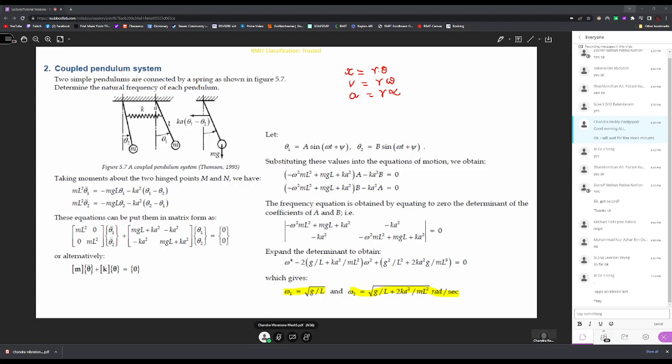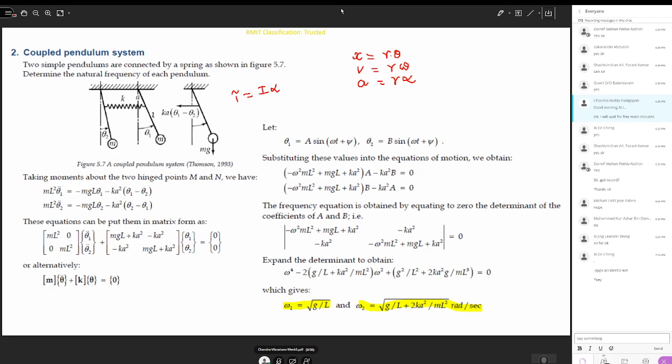The torque acting on this will be I into alpha, where I is the mass moment of inertia. For the pendulum with length L, the mass moment of inertia is m into L square.